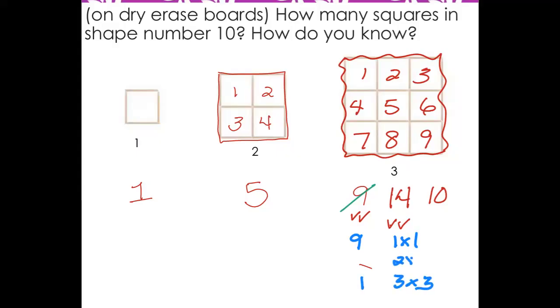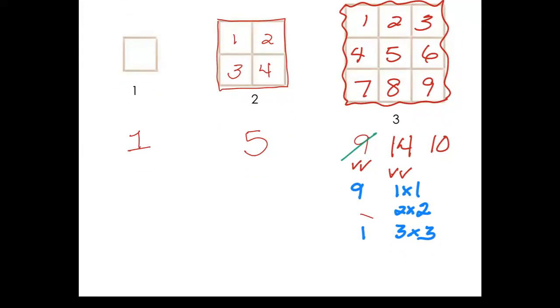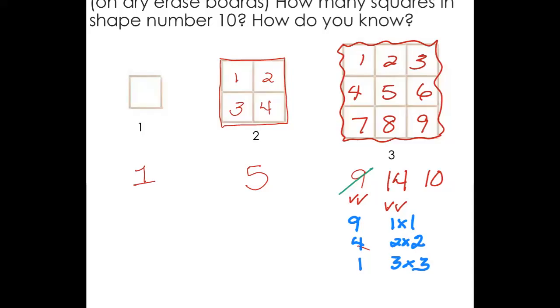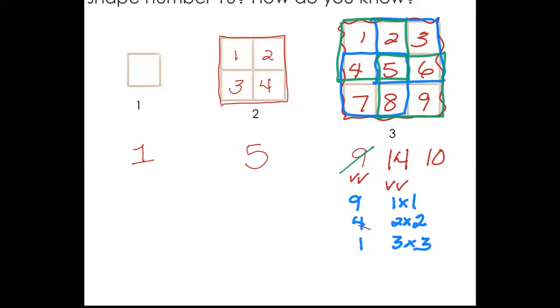How many 2 by 2 squares are there? 4. Where are they? Well, here's 1. Here's 2. Here's 3. And here's 4. Gets a little crazy, doesn't it? So there is a total of 14.